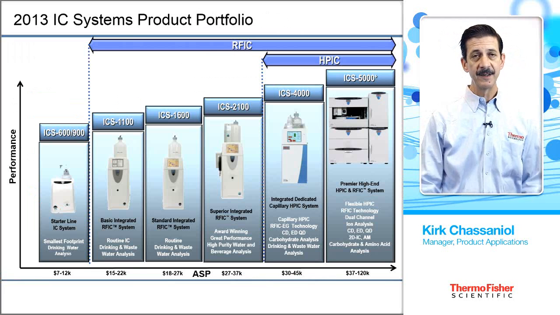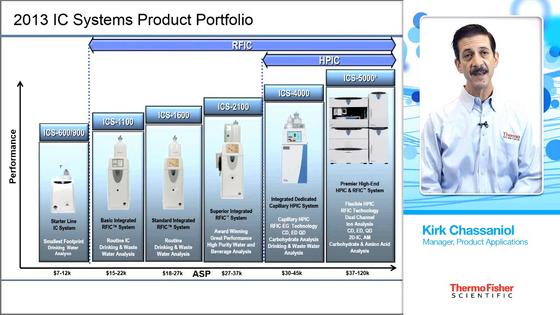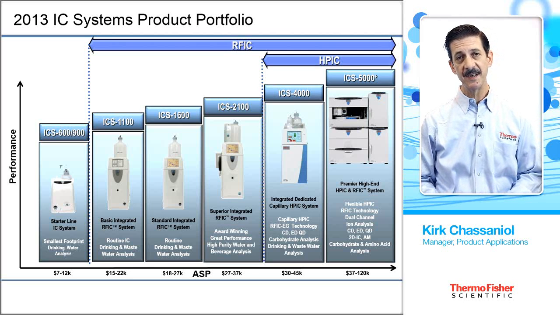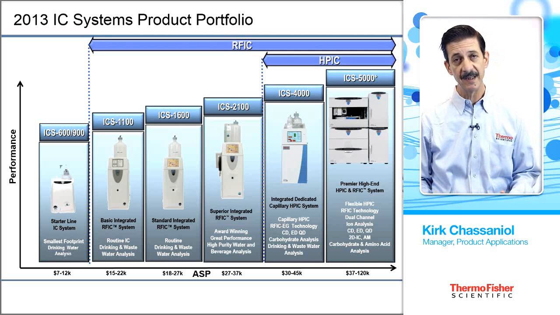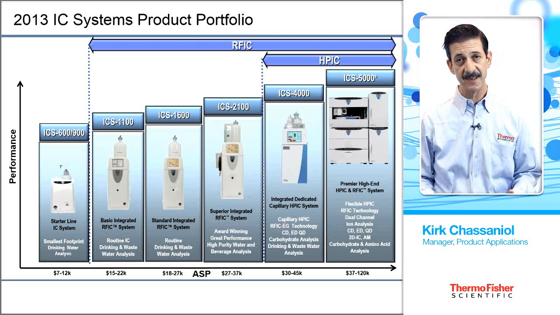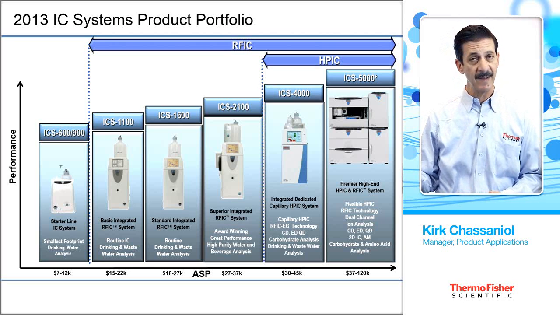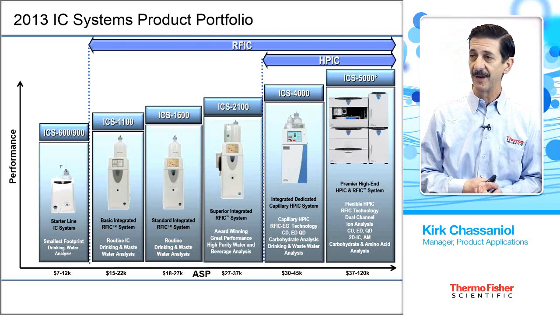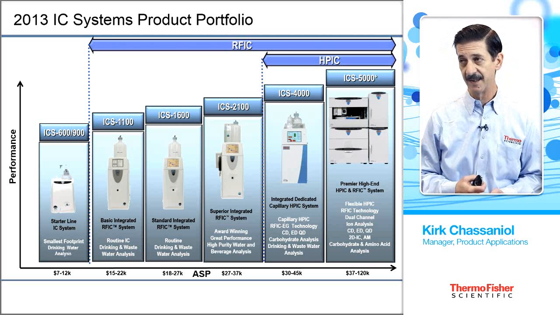And lastly, I'd like to conclude by saying that this sample preparation technique, combustion IC, can be interfaced with virtually any of the Thermo Scientific ICS systems, from our flagship model, the 5000 plus, all the way down to our starter line, the ICS-900.